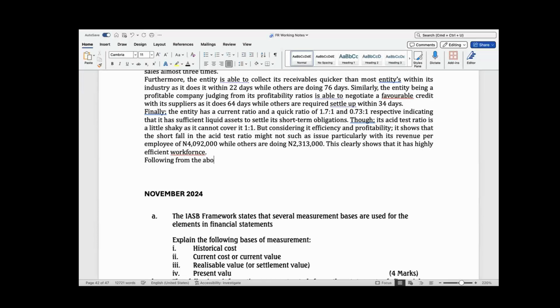Following from the above, Oracle Limited is an efficient and a profitable company with a stable liquidity.